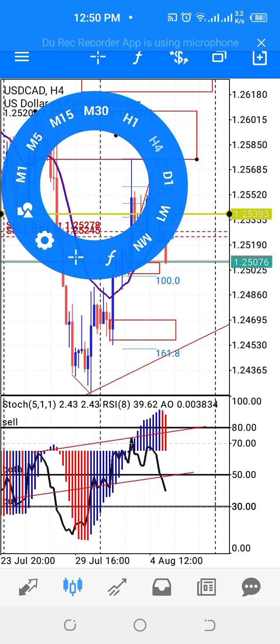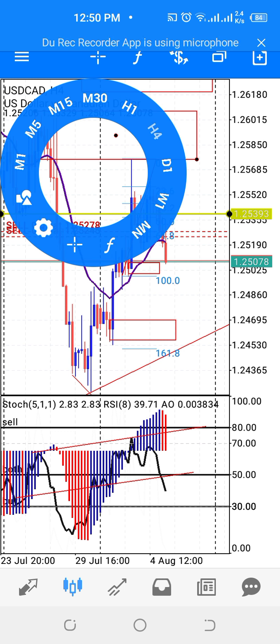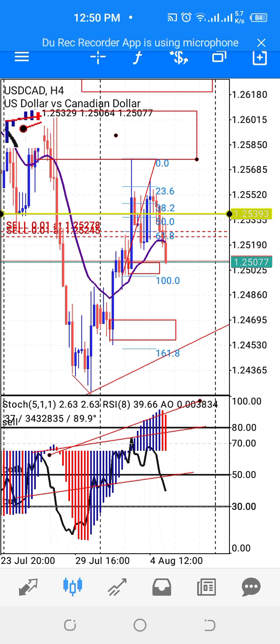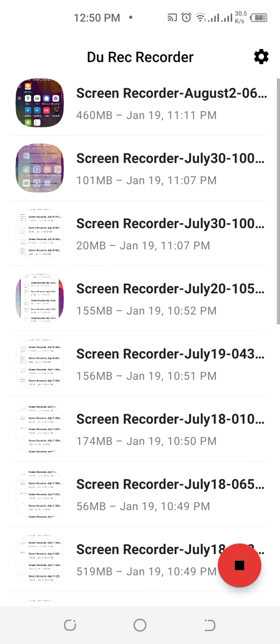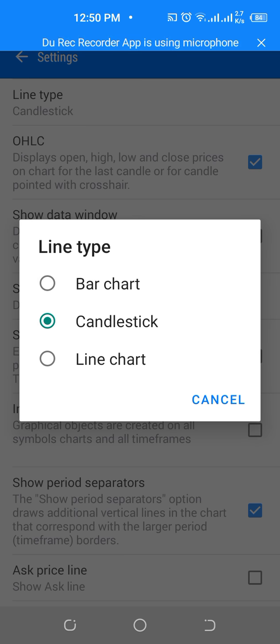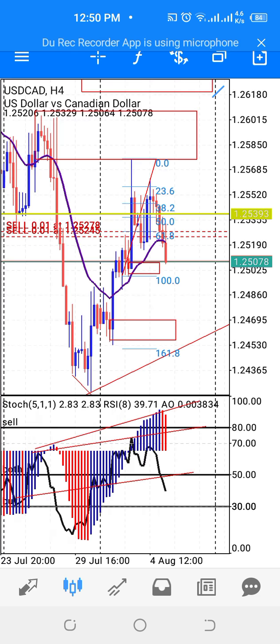That kind of M pattern together with the support and resistance, then you can enter a trade on USD CAD. That is how I came up with this kind of setup. Again, you can see that there is the divergence. This is from low to high, and this one is from high to low.